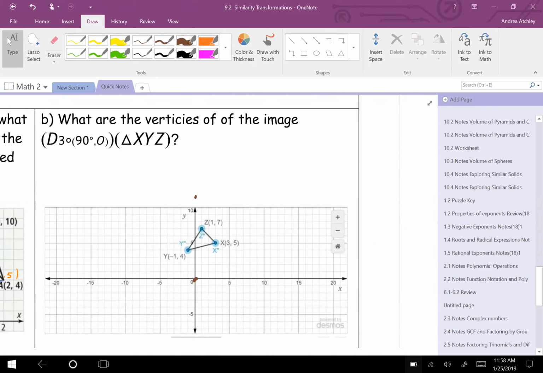Okay, I'm going to tell you that we can't dilate this by 3 because it won't fit on my graph. Because if I dilate 1, 7 by 3, my new ordered pair is going to be 3, 21, right? Can I graph 21 here? No. So I'm going to start by doing the rotation first.